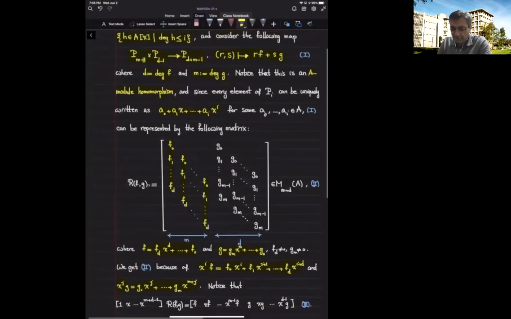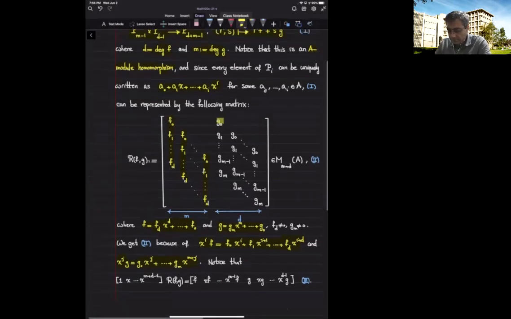These essentially come from x to the power i times f, where i ranges from 0 to m minus 1. Then I need to shift g. First I write down the coefficients of g, and then I start shifting them, from 0 shifts over here till d minus 1 shifts over here.